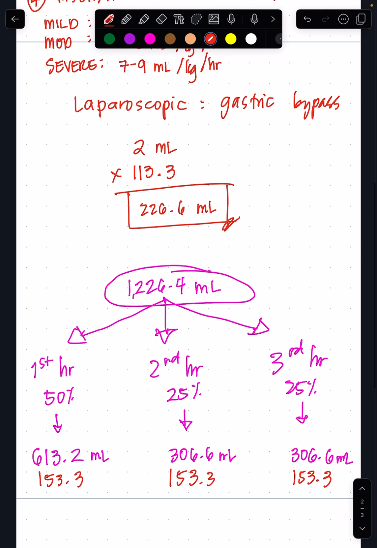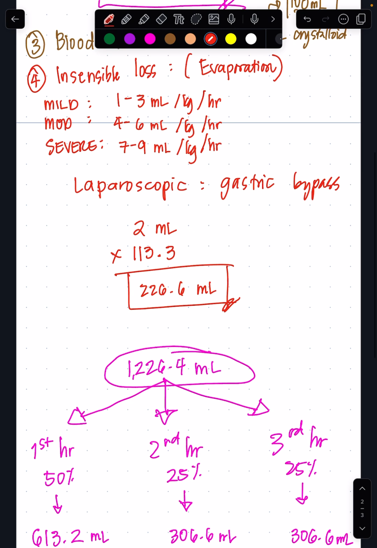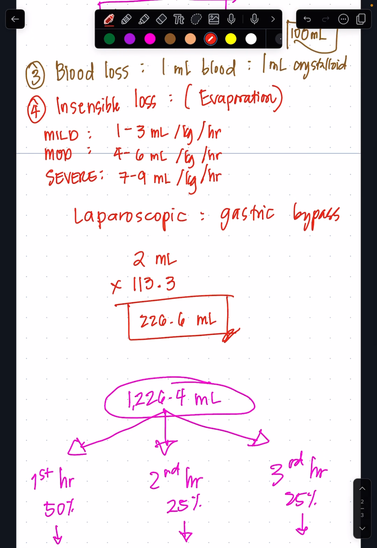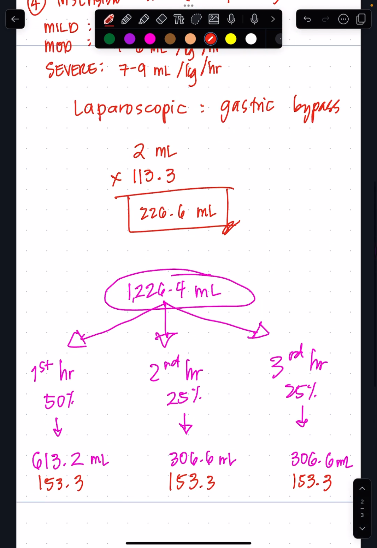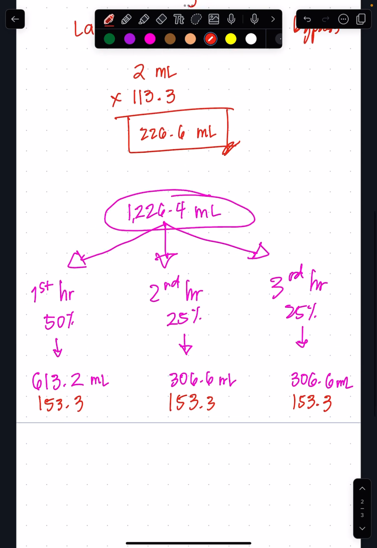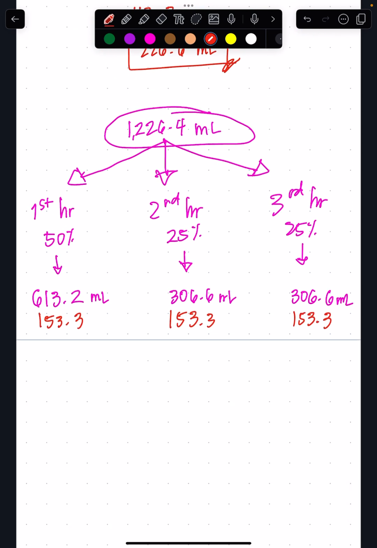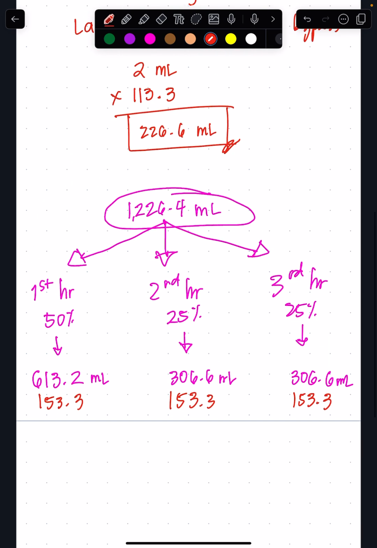And then we also did the insensible loss, which we already found out, and it's 226.6 ml, so we can put it in here.